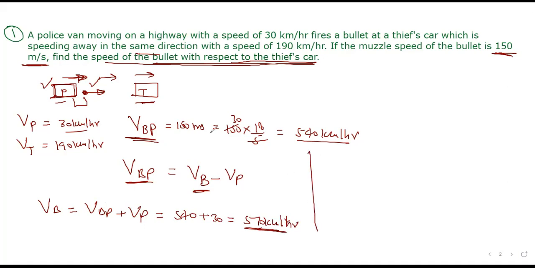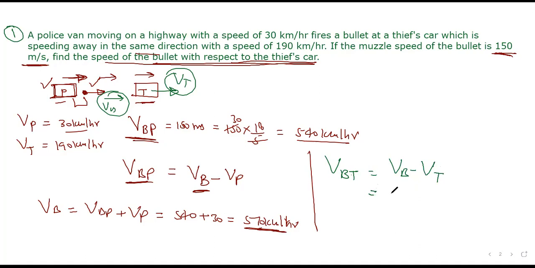Now let's write the relation between the velocity of the bullet and the thief. The thief is moving in this direction with velocity Vt and the bullet is moving in this direction with velocity Vb. Again, they are moving in the same direction. So now the relative velocity of the bullet with respect to the thief will be the velocity of the bullet minus the velocity of the thief.